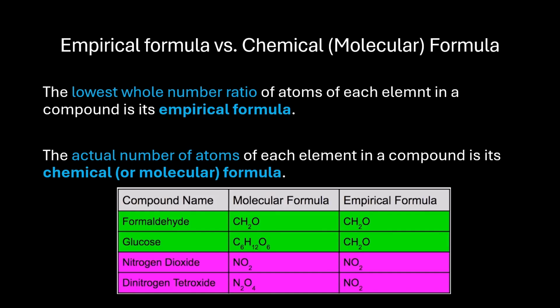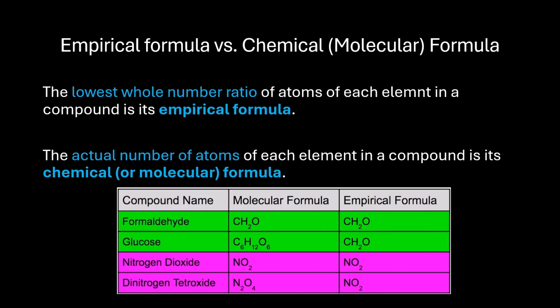The lowest whole number ratio of atoms of each element in a compound is called the empirical formula. So the lowest whole number ratio is the empirical formula. The actual number of atoms of each element in a compound is going to be its chemical or molecular formula. They can use those interchangeably, chemical or molecular.